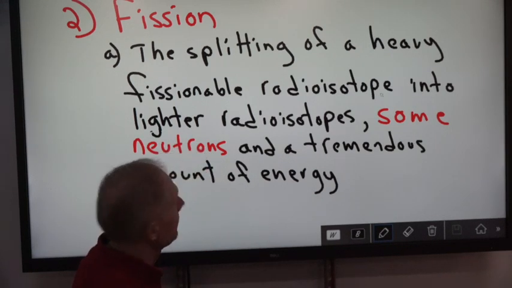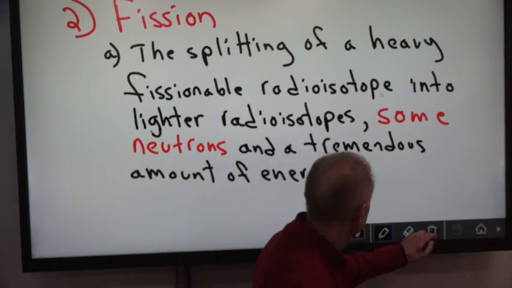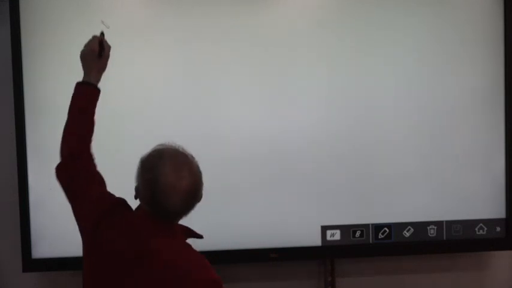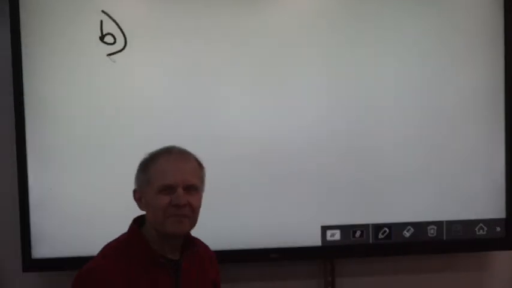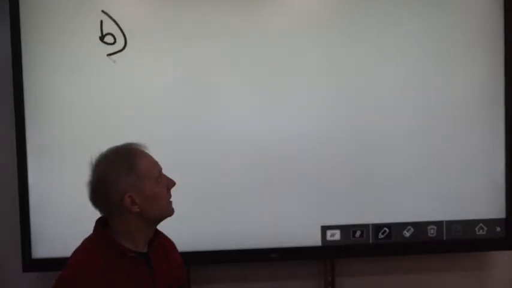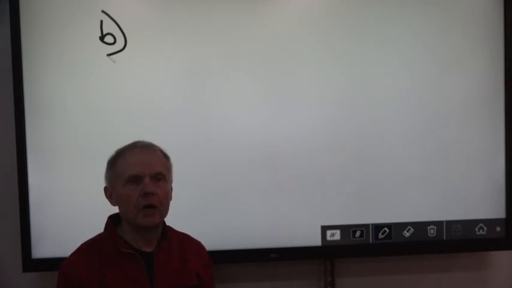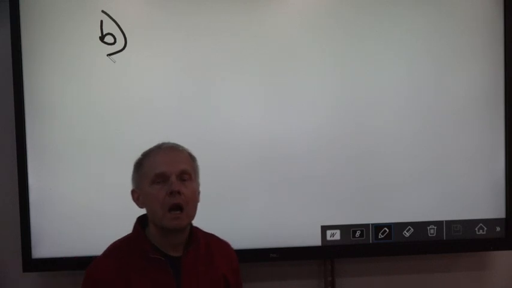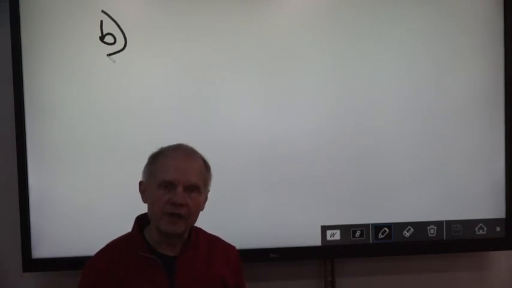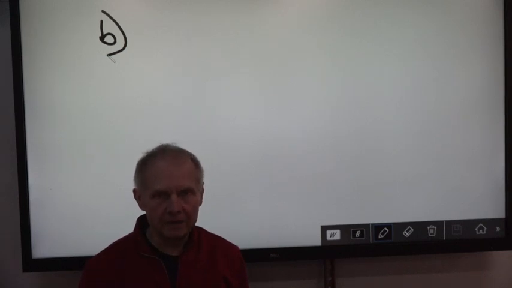Okay. So now I want you to put down letter B. And I said the nucleus of the fissionable radioisotope has to be hit by a neutron, but it has to be slow moving. I'll explain that in a minute.